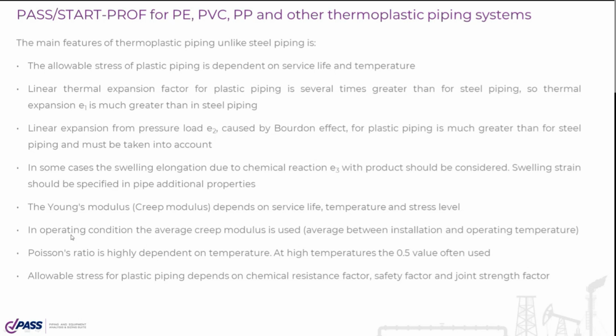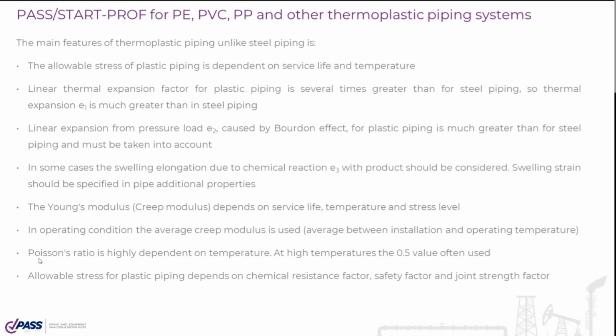But for thermoplastic piping, we calculate two elastic moduli, at 100 degrees, for example, and at 20 degrees, and then take the average value between them, because we assume that the temperature distribution through the pipe wall is not linear like in steel piping systems.